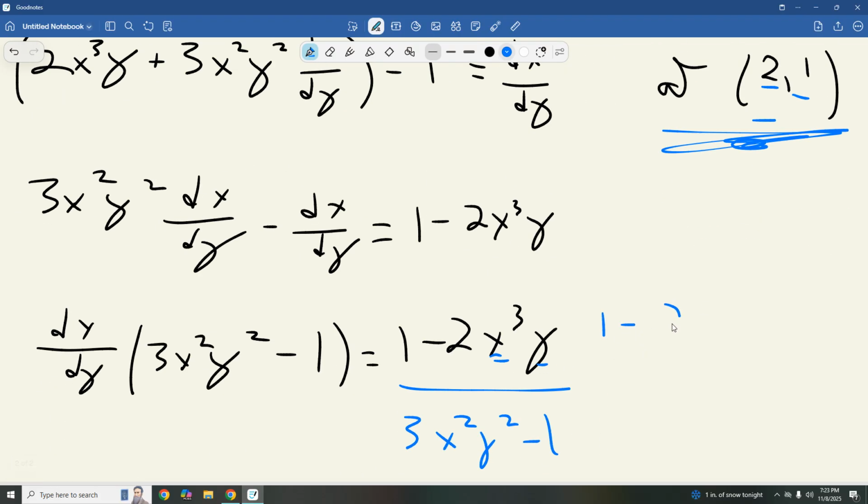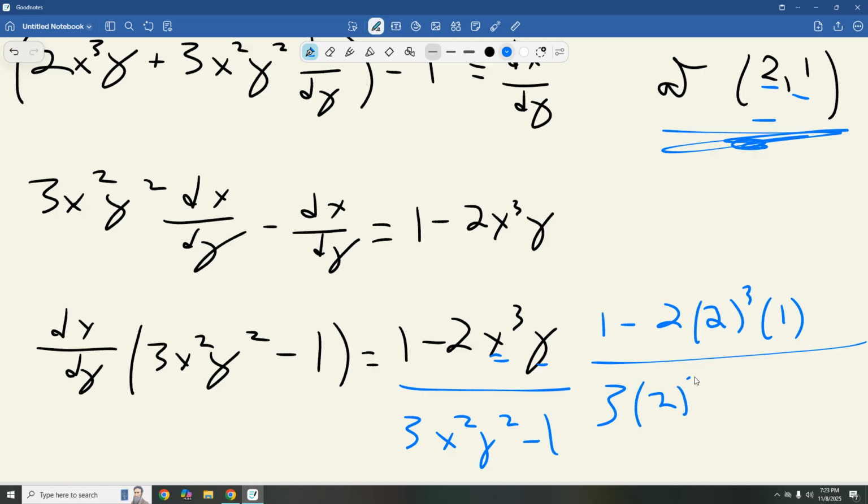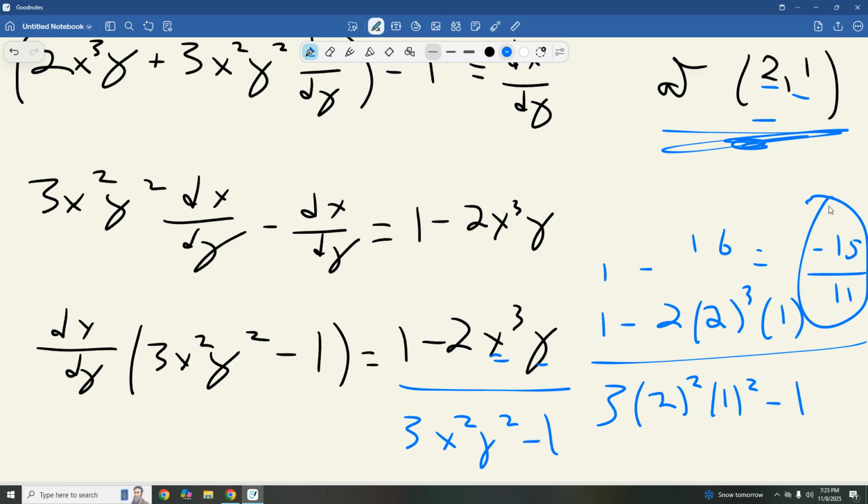So 1 minus 2 times 2 to the third times 1, all over 3 times 2 to the second times 1 to the second, minus 1. This is 1 minus 16, which equals negative 15, over 4. 12 minus 1 is 11. So negative 15 over 11 is our final answer.